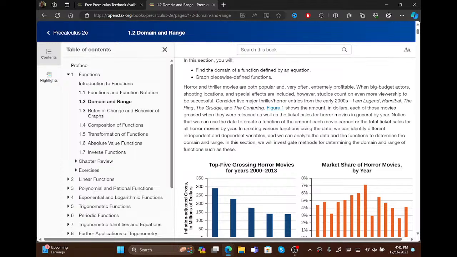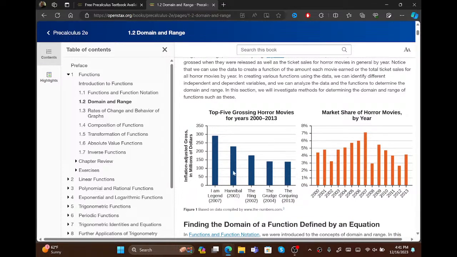I know it's about movies, like The Grudge, The Conjuring, etc., but to kind of summarize what the first part means, we can represent any kind of real-life application or real-life data as a graph, where the x-axis is considered our independent variable, and the y-axis is considered the dependent variable, and similarly for the market share of horror movies by year.